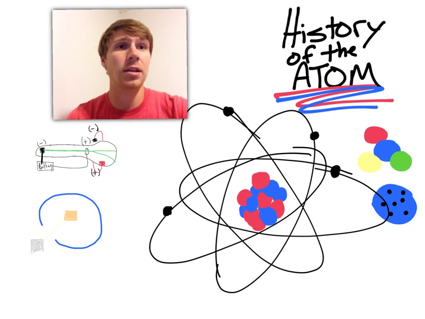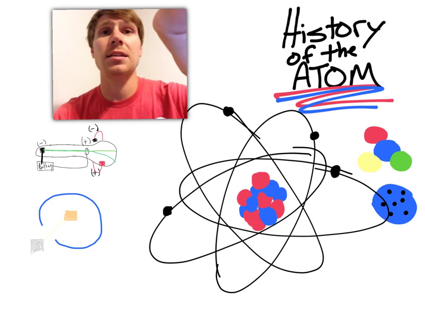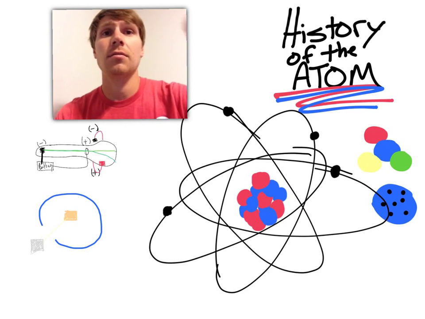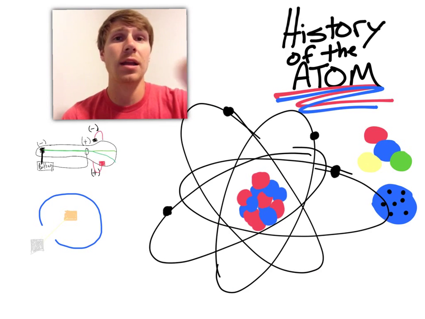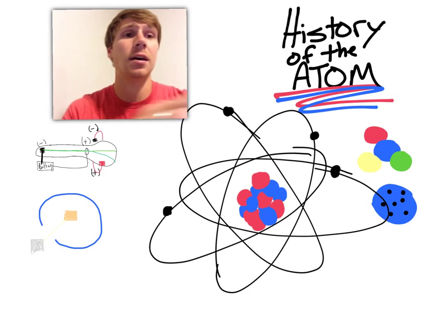Notice the little red dot is just moving around the nucleus. But if they hit the nucleus, they'd bounce back and go that direction, or come here and bounce back again. So it was this idea that it's mostly empty space, but there is something dense right in the very middle, right here, and that's how we came up with this idea of the nucleus.